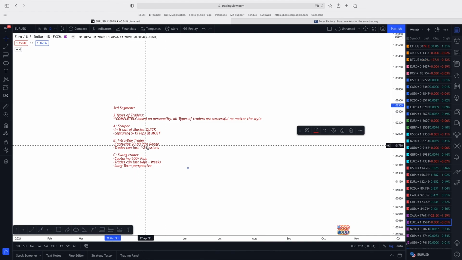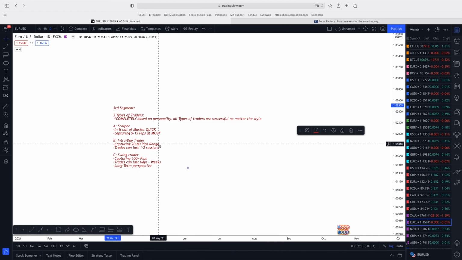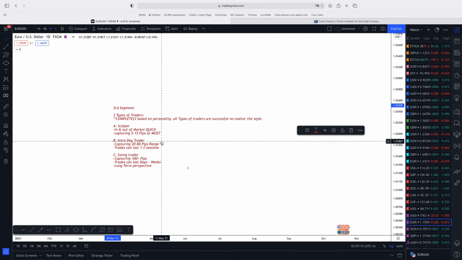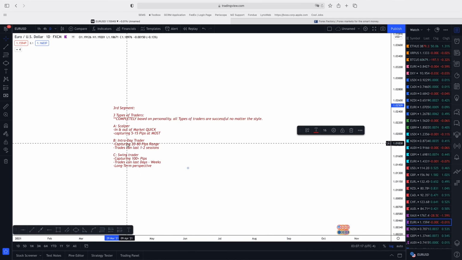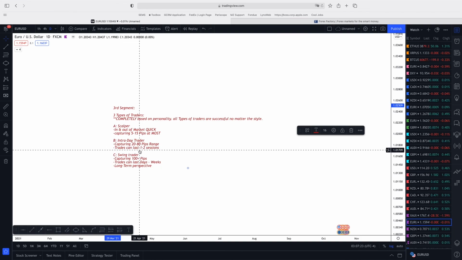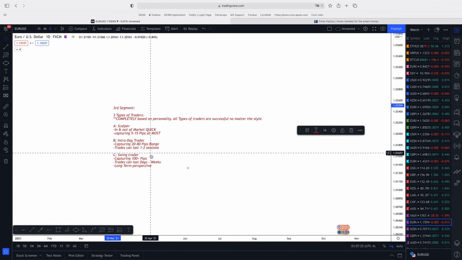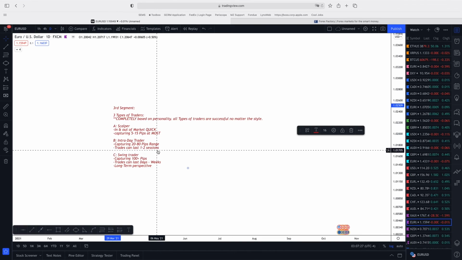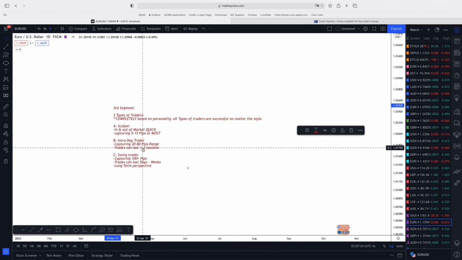Now, an intraday trader is the type of trader that I am based on my personality. We are always looking to capture between 20 to 80 pips of range, and our trades may last between 1 to 2 major sessions. So I like to trade New York. I can trade 8 to 12, and we may close a few positions in that one session.